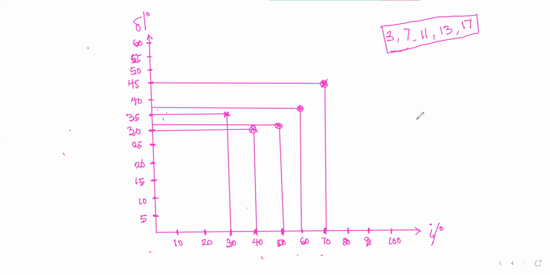Good. Now, you see, some of you had a curve. Some of you had a straight line. How do you decide that this will be a straight line or a curve? The theory said that a graph of minimum deviation against angle of incidence is a curve.